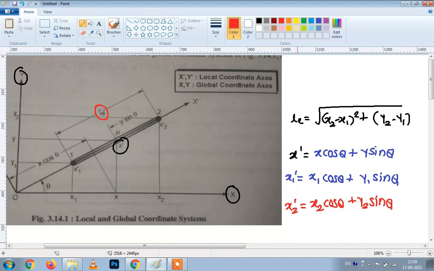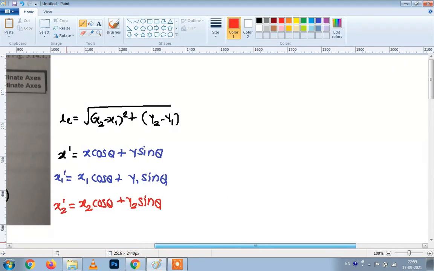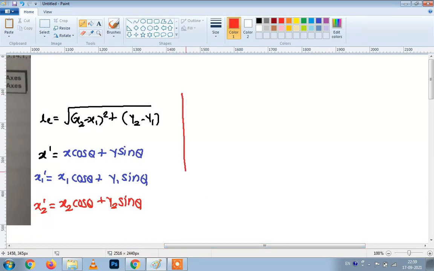Now these equations can be written like this. Why? Because we want to convert them into matrix form. So if you observe these equations, here are the terms x1 y1. In the second equation, these are the terms x2 y2. So we need to rewrite these equations so that we can easily convert them into matrix form.